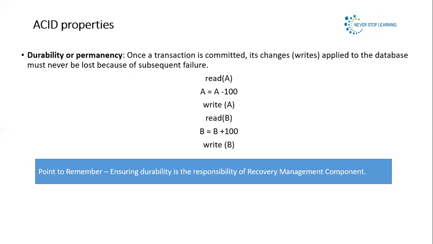That is the constraint of durability. Now, the point to remember for durability: ensuring durability is the responsibility of a component of the database system called the recovery management component. So recovery management takes care of durability.